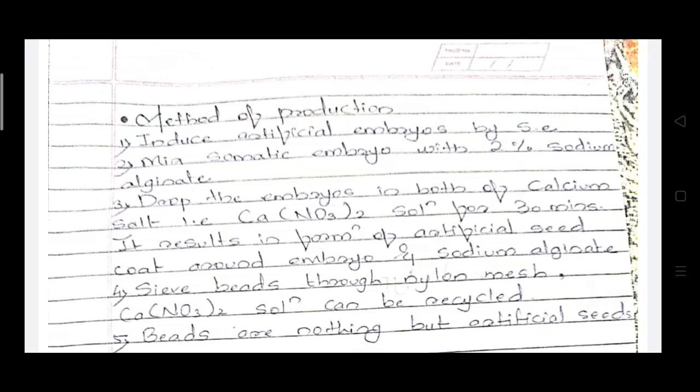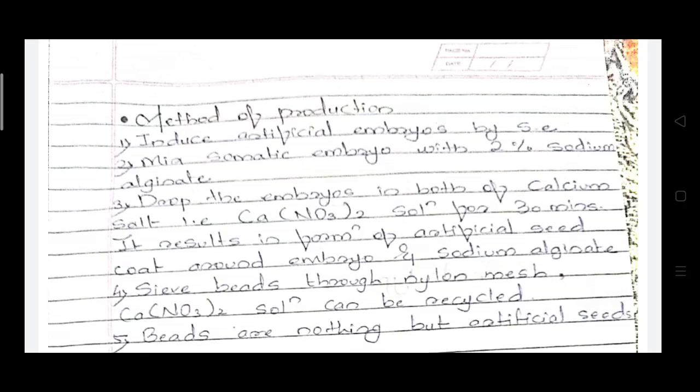The somatic embryo with 2% sodium alginate is dropped into a bath of calcium salt, that is Ca(NO3)2 solution, for 30 minutes. It results in the formation of artificial seed coats around the embryo and sodium alginate.